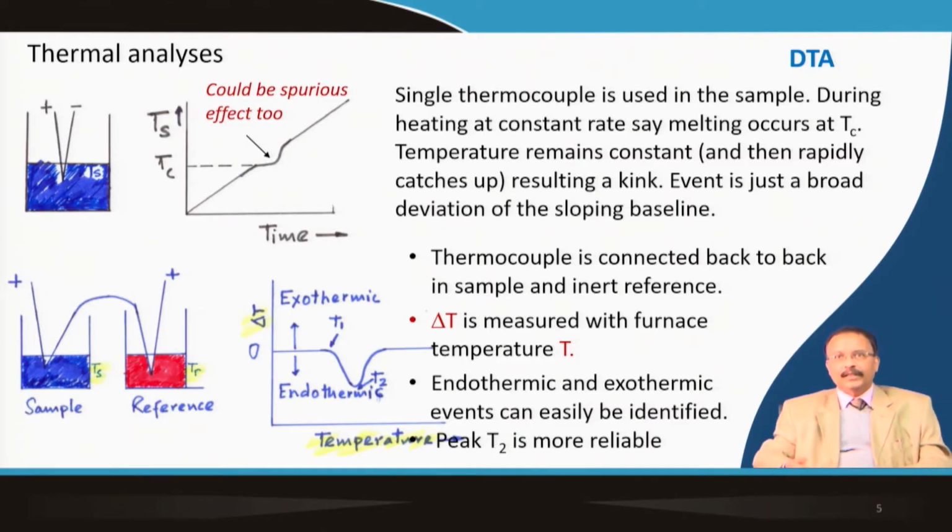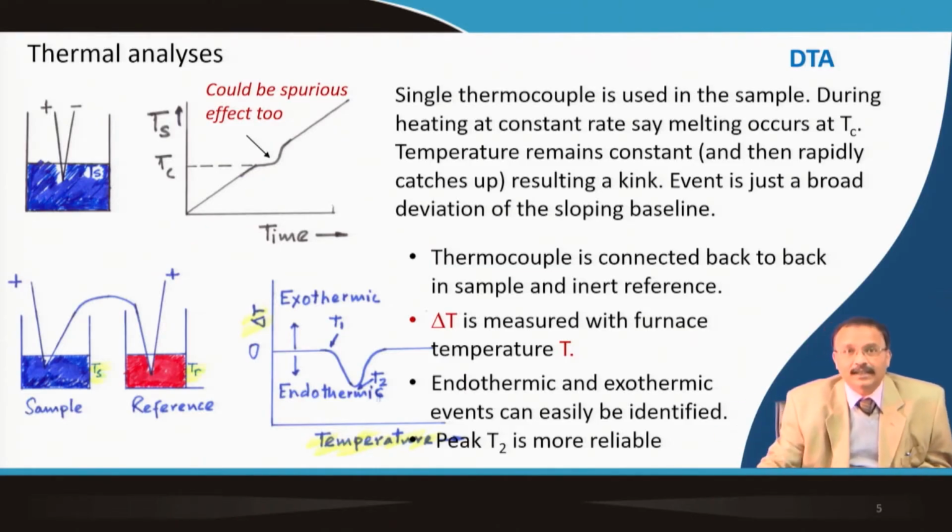So, endothermic and exothermic events can easily be identified, because in case of, say, melting or crystallization, there will be either an endothermic reaction or an exothermic reaction in case of crystallization. So, that can easily be identified.